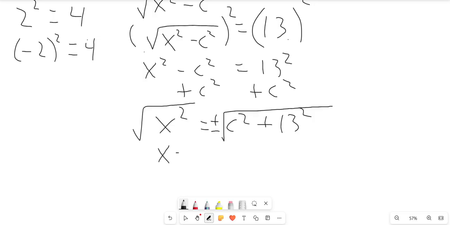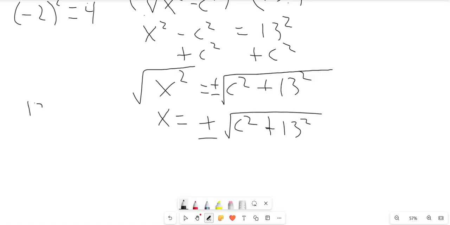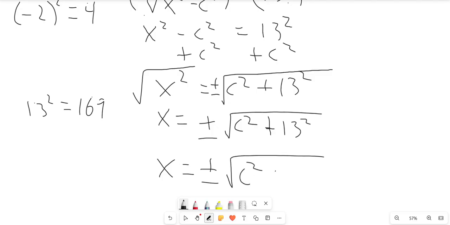This gives us x equals plus or minus the root of c squared plus 13 squared. And since 13 squared equals 169, we can also say x equals plus or minus the root of c squared plus 169. This concludes the solution of today's math problem.